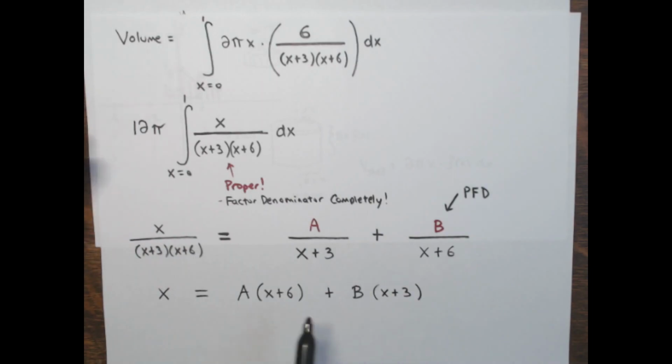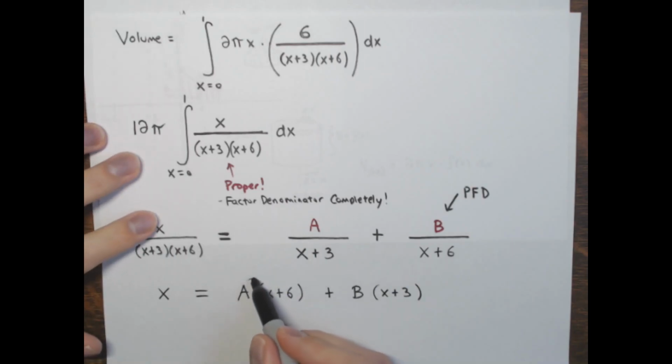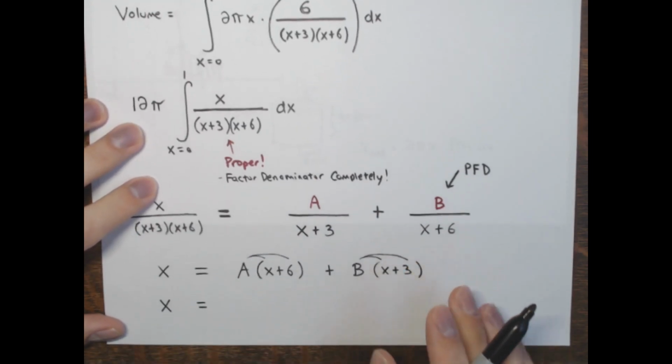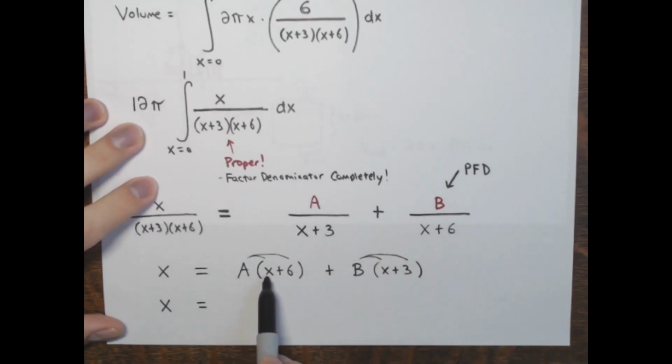All right, and again, I'm going to say, hey, this is an identity, polynomial equal to polynomial. So the coefficients have got to be the same. Right? So I'm going to gather all this stuff over here. So we got x equals, you know, I'm going to put them all together right now. ax plus bx, right? So that'd be a plus b times x.